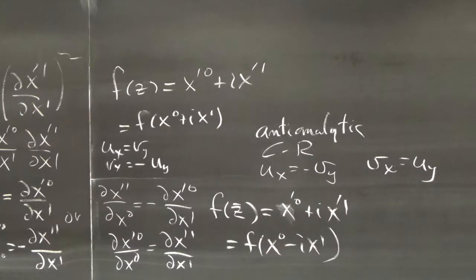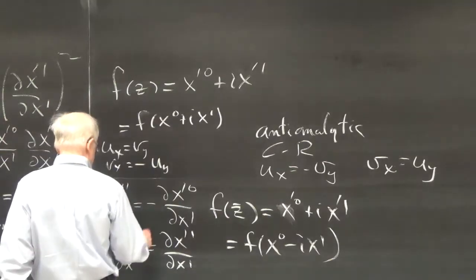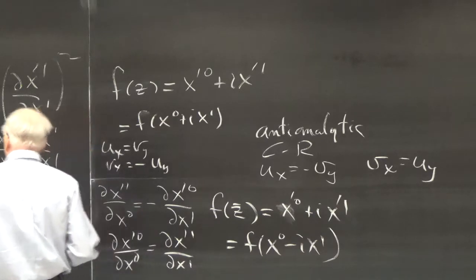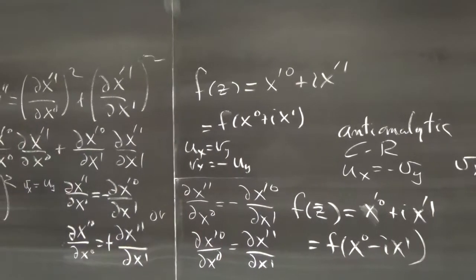Okay, so, well, that's great that you found that. So let's just say then that this one would be, okay, so what we need for the ordinary Cauchy-Riemann is this with a plus sign.